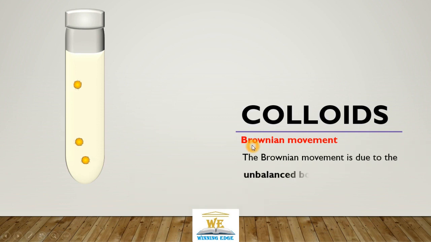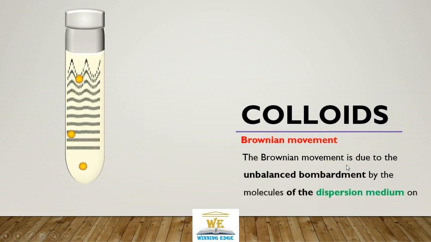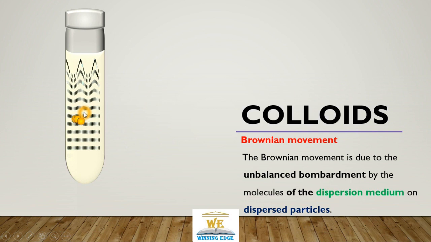Another colloidal property is known as Brownian movement. The Brownian movement is due to the unbalanced bombardment of the molecules of the dispersion medium on the dispersed particles. We are showing larger sizes here, but actually they are on a nanometer scale. These dispersed colloidal particles keep getting bombarded by the solution particles.